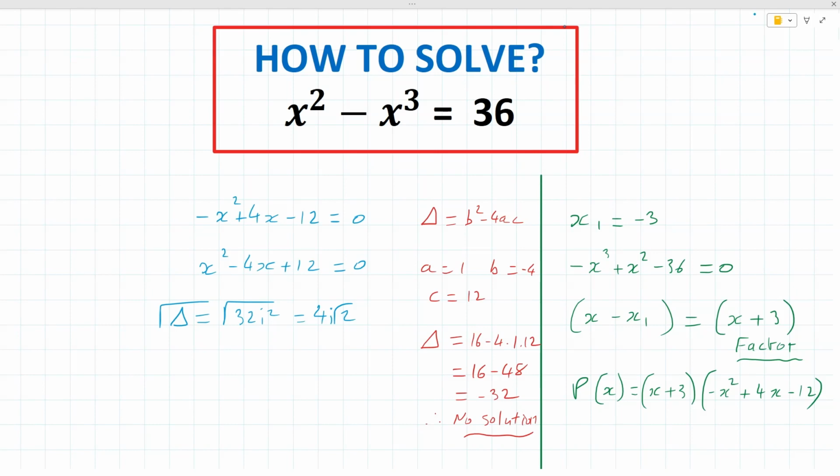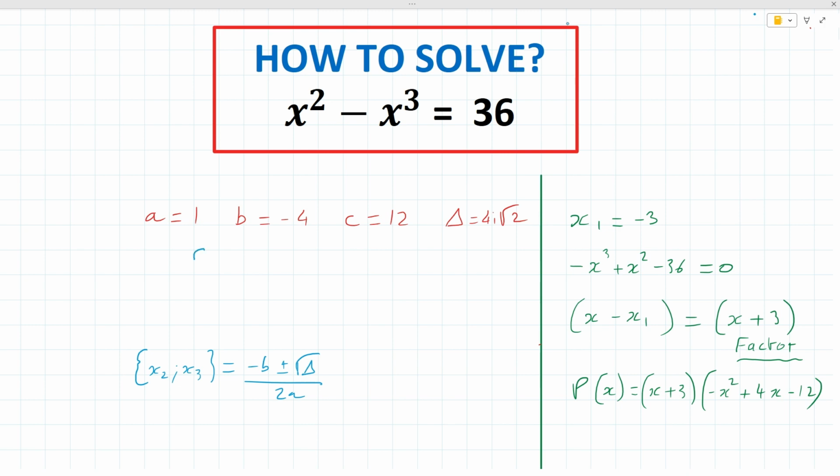So when you finish your quadratic equation, you can always say that x, so in this case, since we used x1 for negative 3, we can say x2, x3, so our last two solutions are going to be minus b plus or minus the square root of delta divided by 2a.